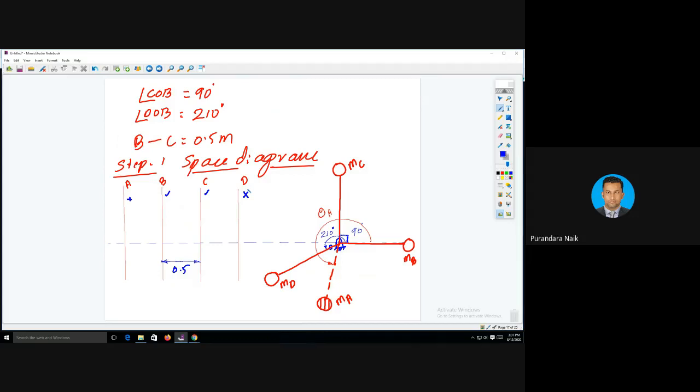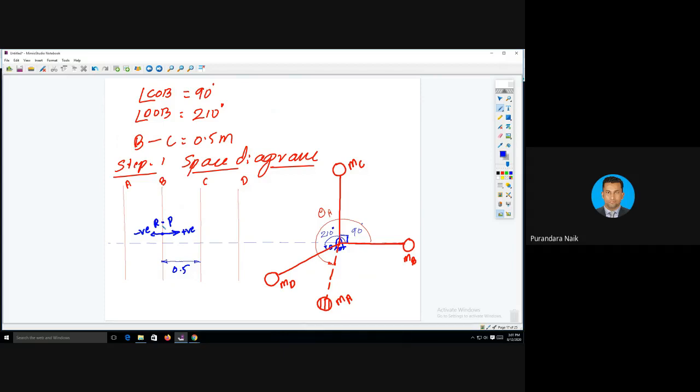It is left to you. I'm going to select B as a reference plane. It's my choice. You can select C also, no problem. So positive X is the right side, negative is the left side. We need to consider distance on the left side as negative and on the right side as positive.